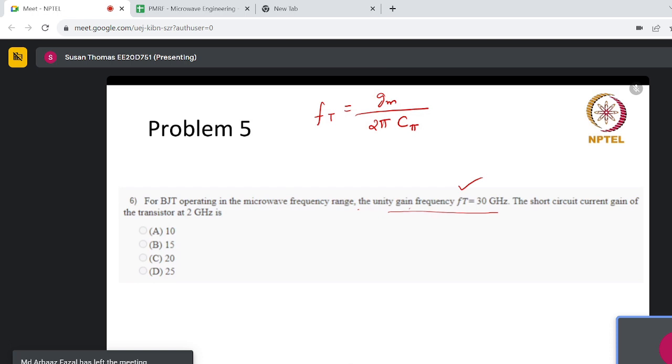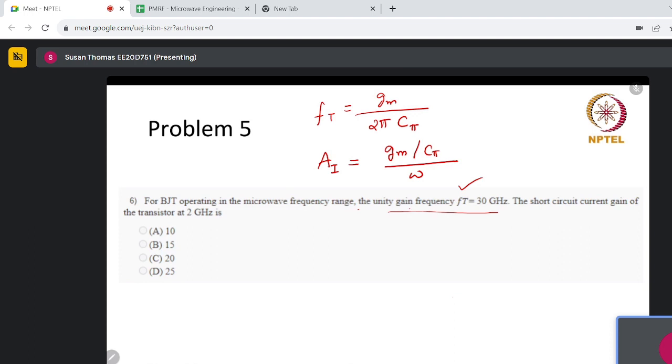I am not going to discuss all that here. The FT equation should be known to you, and the other thing is the short circuit current gain. How do we write the equation for current gain? Basically it's the ratio of output to input current. Once you solve it, you will get gm by C pi divided by omega.